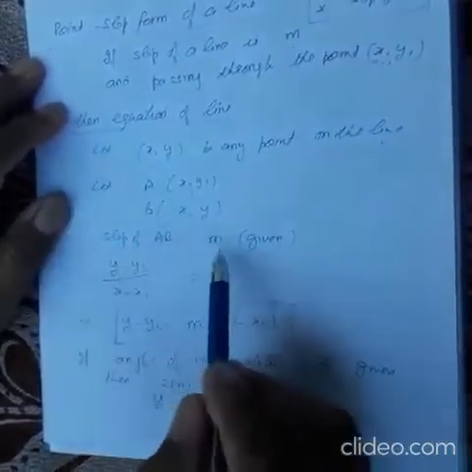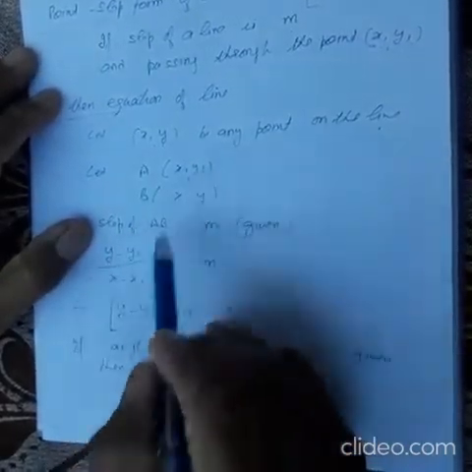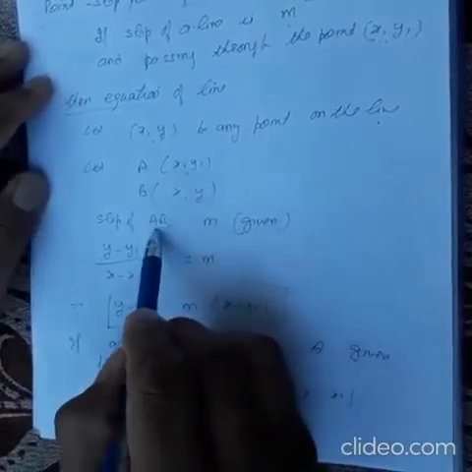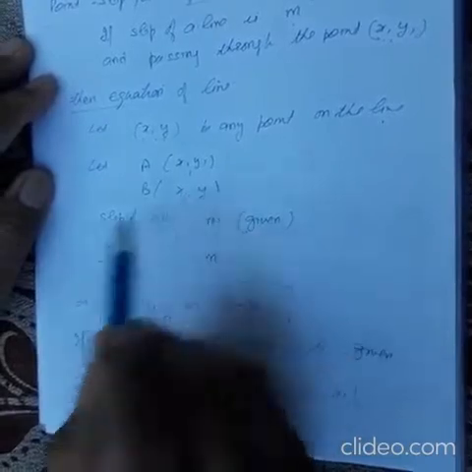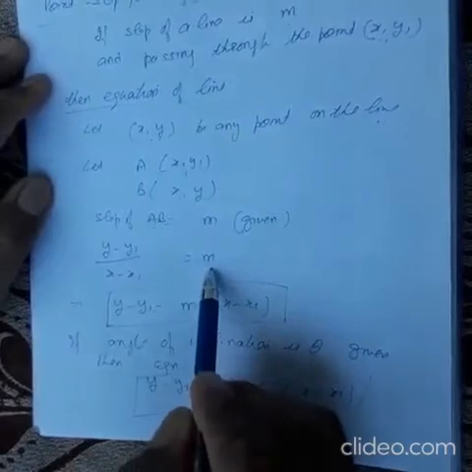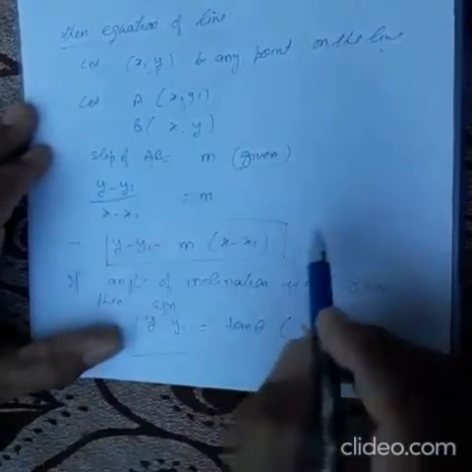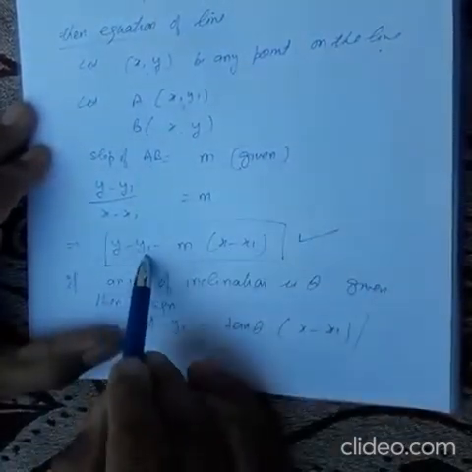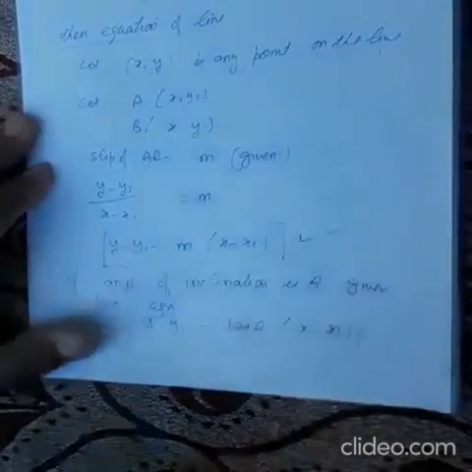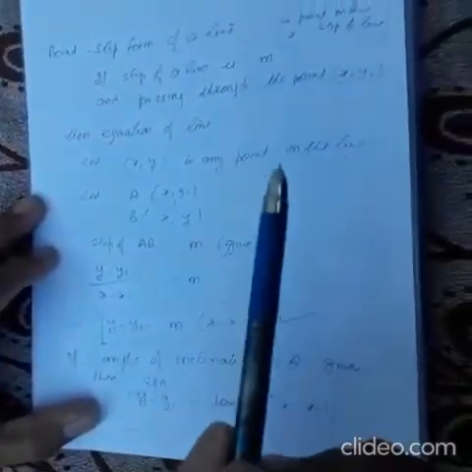So slope of AB is equal to m, and we find slope using y2 minus y1 upon x2 minus x1. Consider the first point as x1 y1, second point as x2 y2. So it will be y minus y1 upon x minus x1 is equal to slope. If you cross multiply, this is the first formula, y minus y1 is equal to m into x minus x1. So this formula will be used when we are given point and slope.